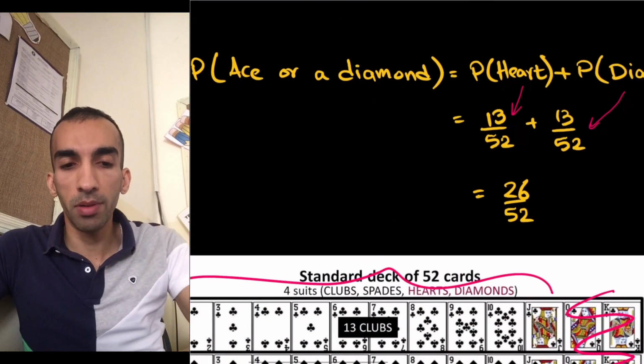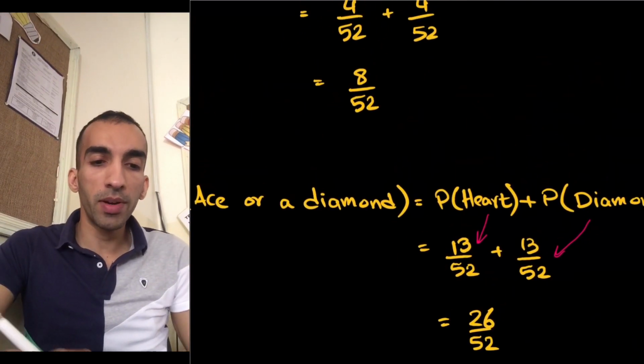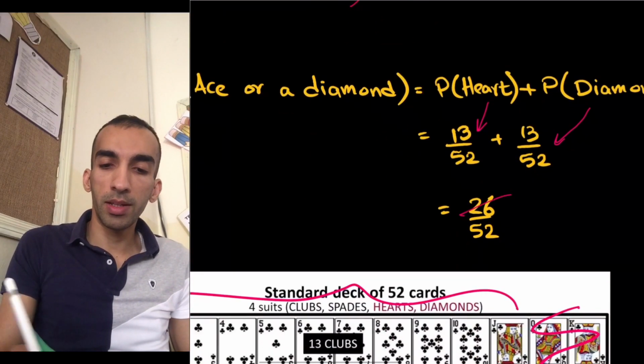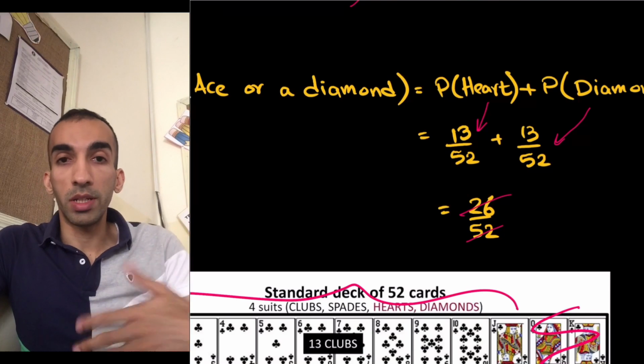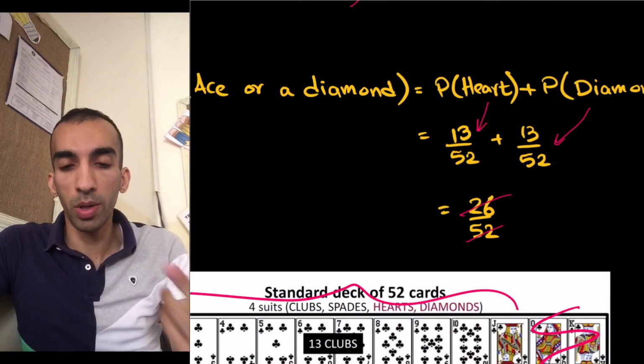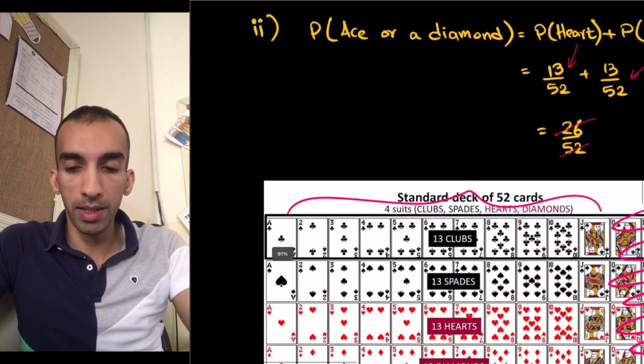That adds up to 26 by 52. Obviously you can simplify these numbers by 2 and get a simplified answer. You can also simplify this number by 2 or just follow the table of 26. How many 26s fit into 52? 2, so it's 1 over 2. Or you can always leave the answer like this as well.